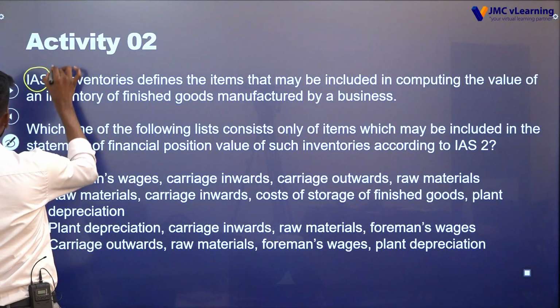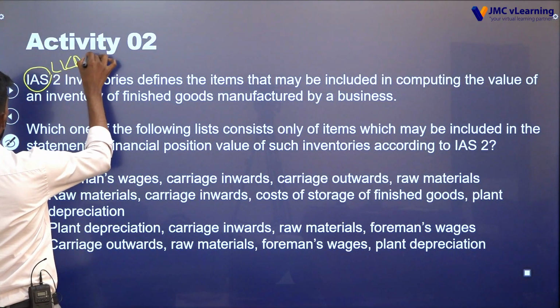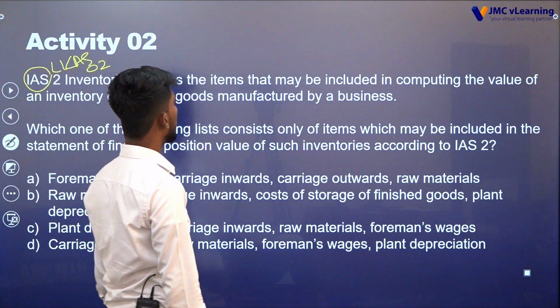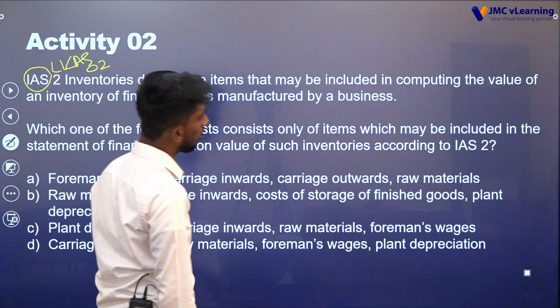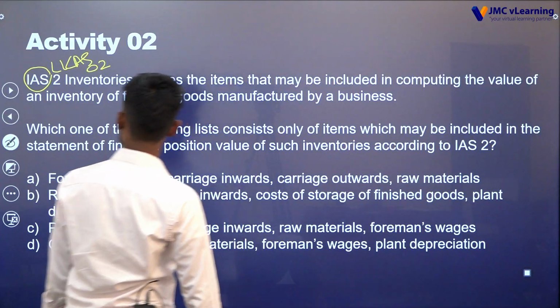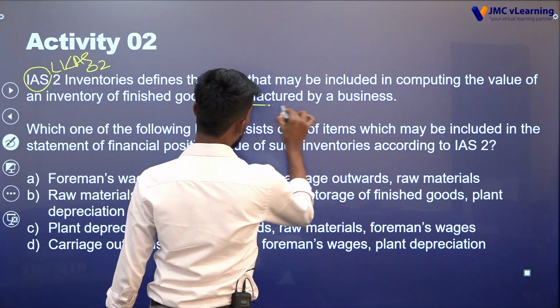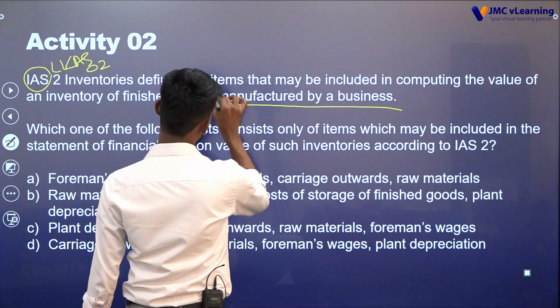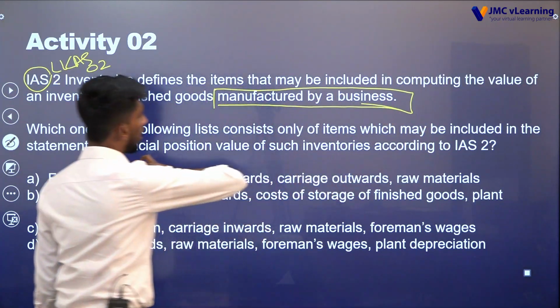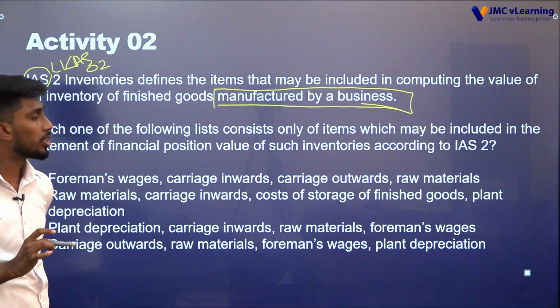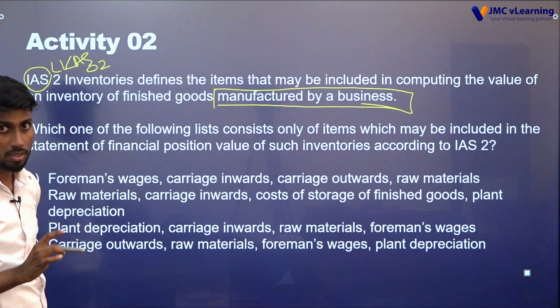IAS 2 or else LKAS 2, Inventories, defines the items that may be included in computing the value of an inventory of finished goods manufactured by a business. Okay, this is a finished good manufactured by a business.